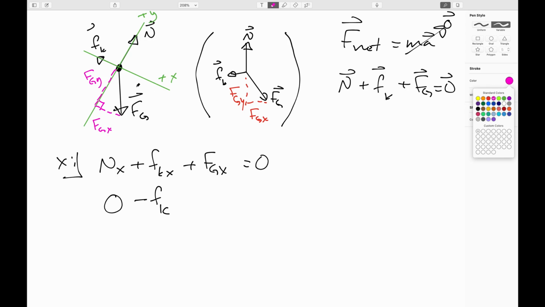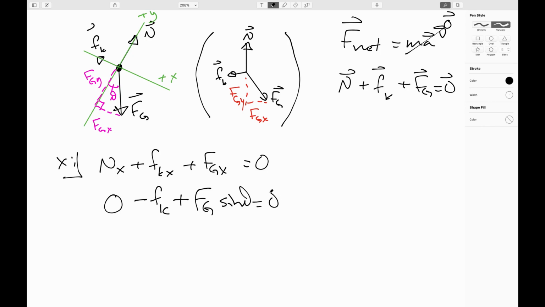This angle is the same angle as the angle of the ramp by the second law of inclined planes. And so FGX here, this is the opposite. FG is the hypotenuse. SOHCAHTOA, that means we need the sine here. And since it's pointing to the right-ish, that's going to give us a plus sign. So plus FG sine theta equals 0.